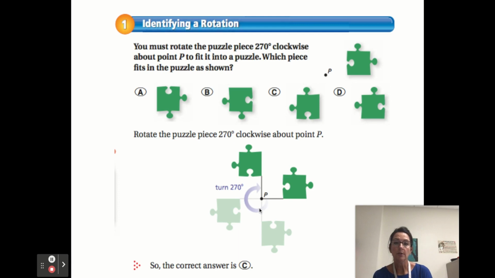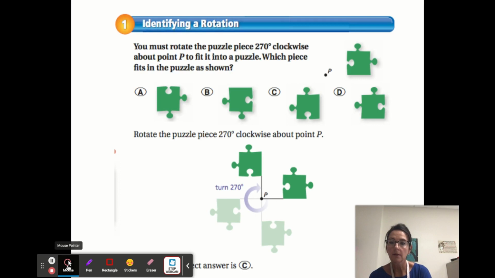Notice that 270 degrees clockwise is also 90 degrees counterclockwise.